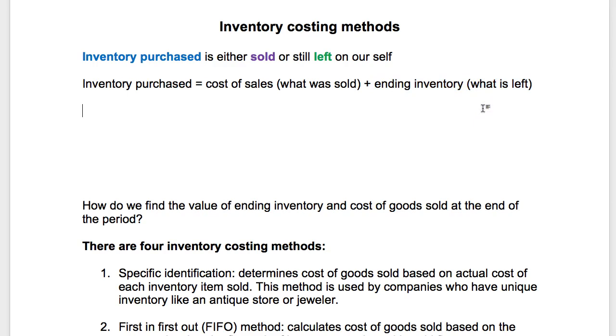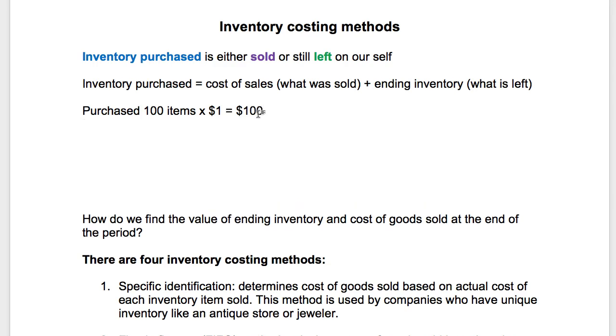So let me explain this with an example. Let's say I purchased 100 items of inventory, identical items. Each one costs $1 each. So I have spent $100 to buy all of my inventory.